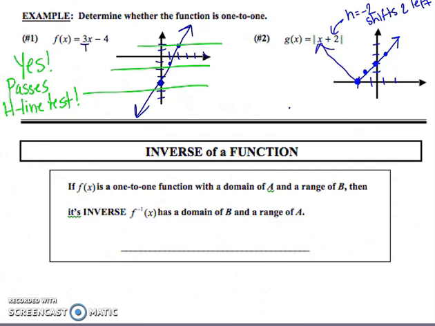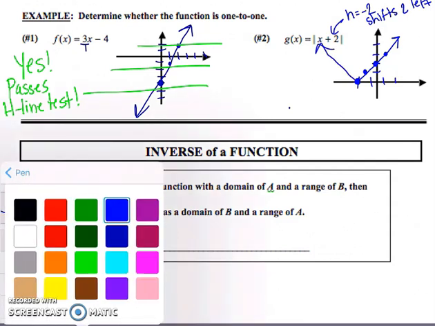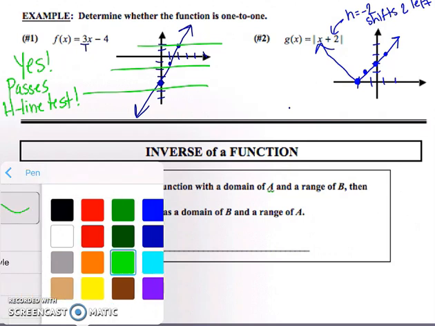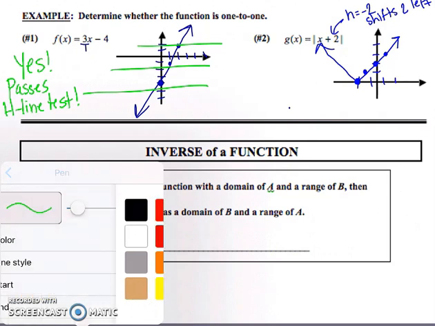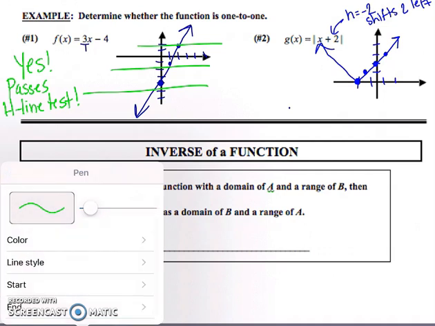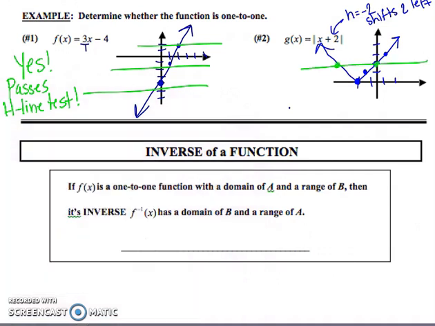So here's the graph of g of x, and now if I do my horizontal line test, you can already see what's coming. It fails my horizontal line test because any horizontal line is going to cross this absolute value function in more than one place. So this fails the horizontal line test.